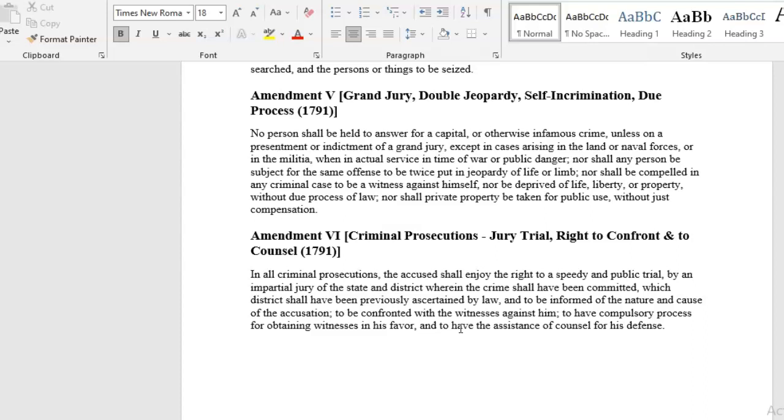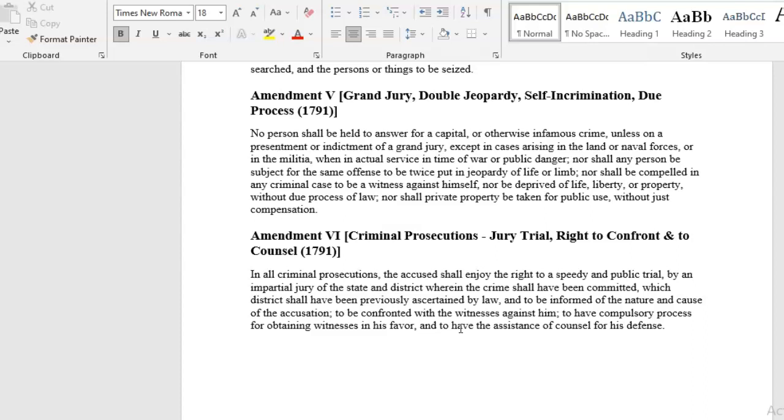Nor shall any person be subject for the same offense to be twice put in jeopardy of life or limb, nor shall be compelled in any criminal case to be a witness against himself, nor be deprived of life, liberty, or property without due process of law, nor shall private property be taken for public use without just compensation.